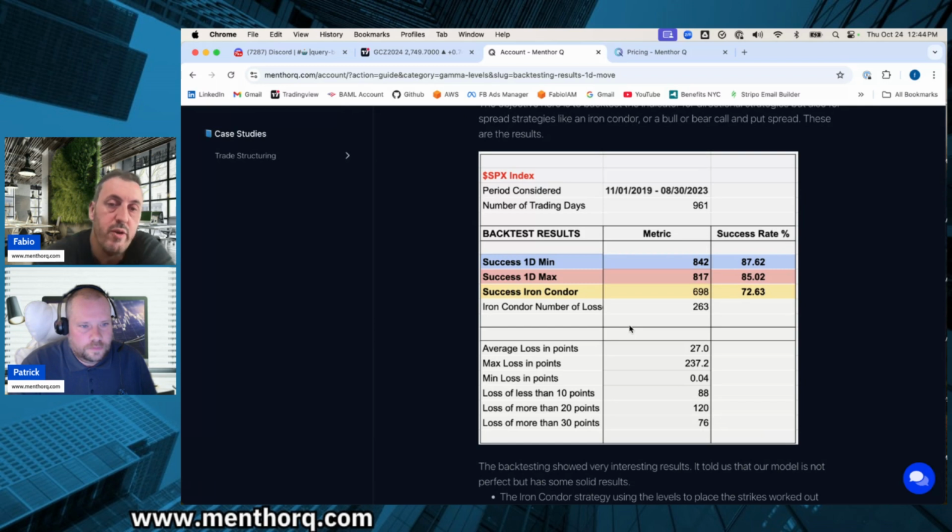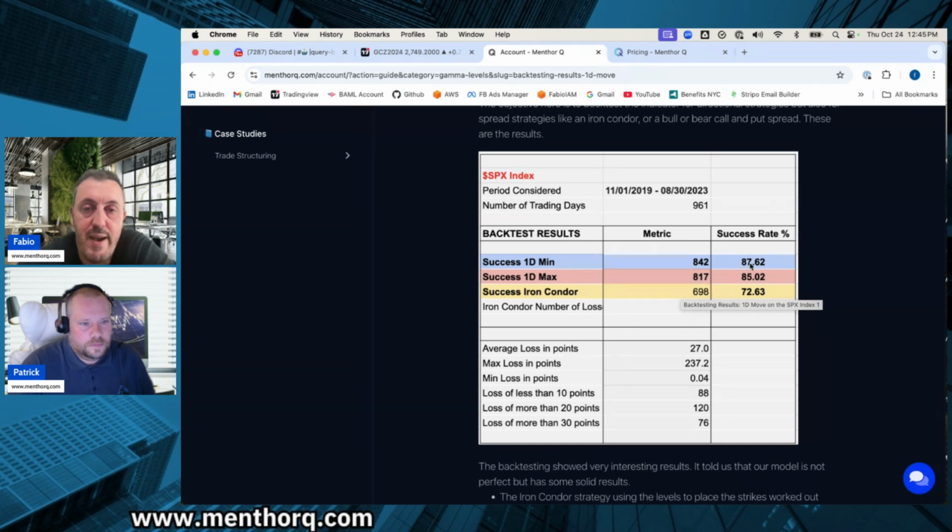So for those who are doing iron condor strategies, you are selling your credit spreads, your call spreads and your put spreads, and you want to see, okay, what if I simply put my spreads above and below the 1-day max and 1-day minimum? So that's showing those ranges. So you have very interesting results.